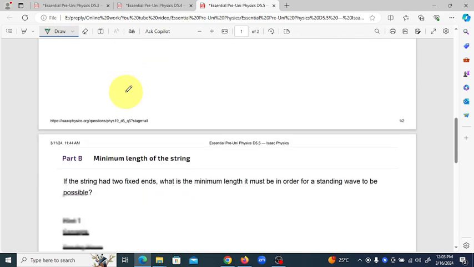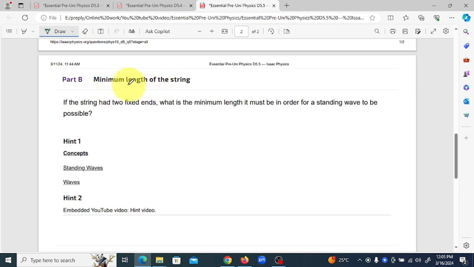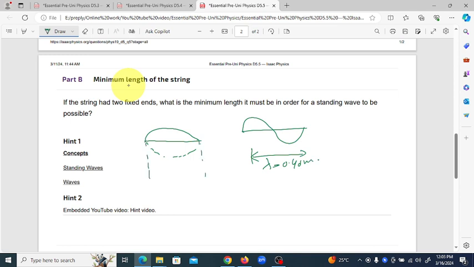Now for part B, what must be the minimum length of the string? The minimum length is when we have a single loop, the first harmonic. We know from the previous part that the complete wave, lambda, is equal to 0.40 meter.